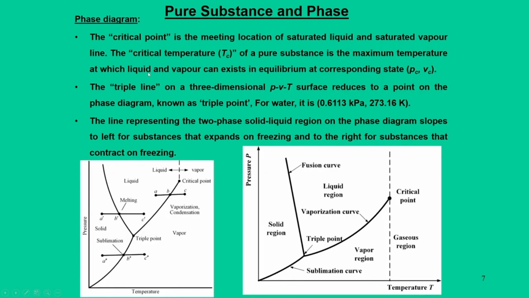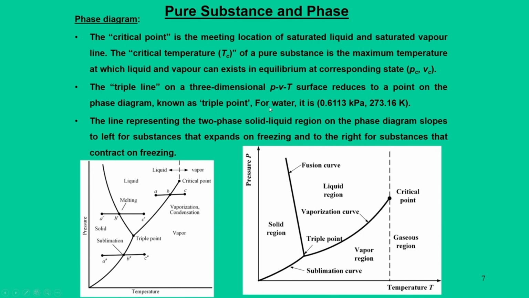On this phase diagram, we also define the critical point, which is the meeting location of saturated liquid and vapor, and the critical temperature Tc, which is the maximum temperature at which liquid and vapor can exist in equilibrium, corresponding to state Pc and Vc. The triple line on a 3-dimensional PVT surface reduces to a triple point in a phase diagram.